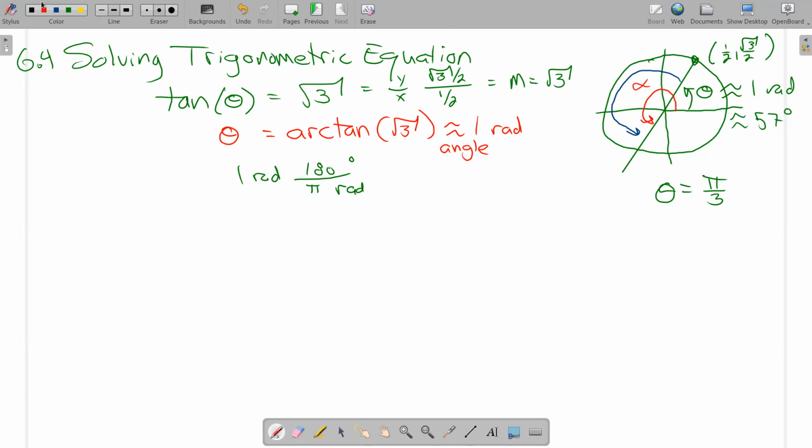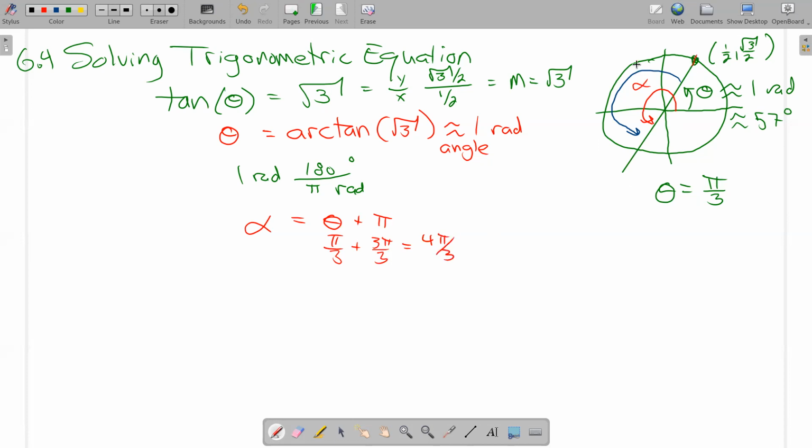So my claim then is that alpha, that other angle, is equal to theta plus pi, because of the straight line that they're related through, the straight line passing through the origin there. Theta is pi over 3 in this case, plus pi I could view as 3 pi over 3, gives me an angle of 4 pi over 3. Seems reasonable.